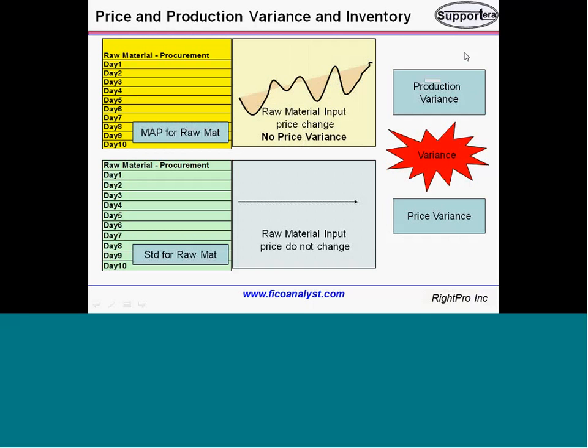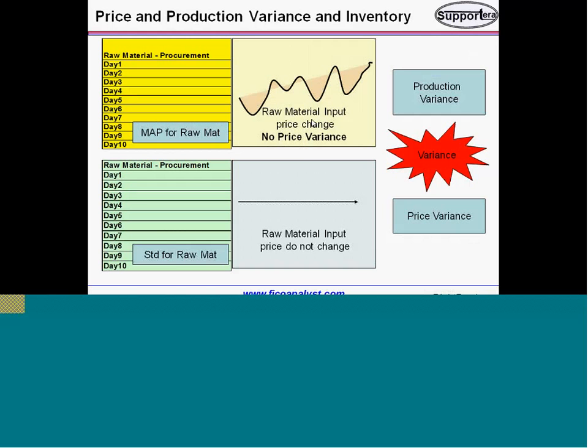Okay. But ultimately what happens, right? If raw materials are fluctuating, when you consume them into the production, then you will have a production variance. Because, for example, you produce a material with two components. One component you said like $100, and another component like $200.